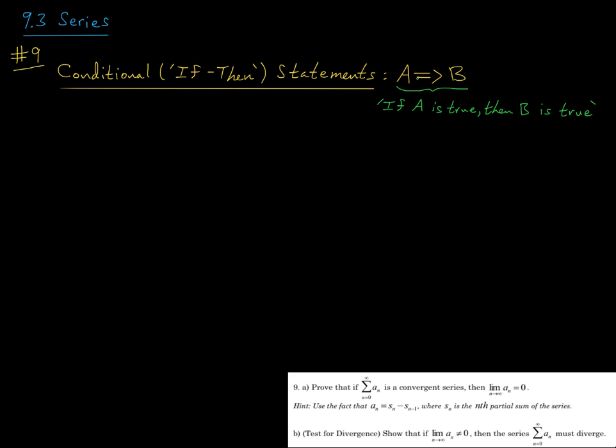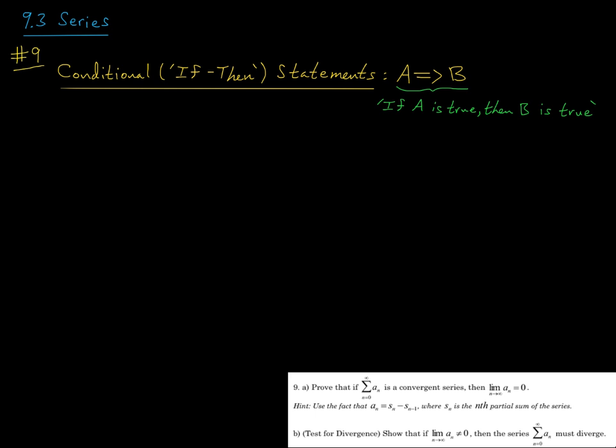As an example of this, let's say A is the statement, I punch the wall, and B is the statement, my hand hurts. Then the conditional statement would be, well, if I punch the wall, then my hand hurts.